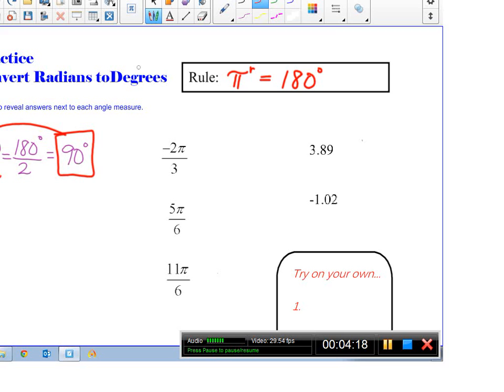Let's try a couple more like that. Pi divided by 3. Well, if pi radians is the same as 180 degrees, substitute that in, divided by 3, and we have 60 degrees.